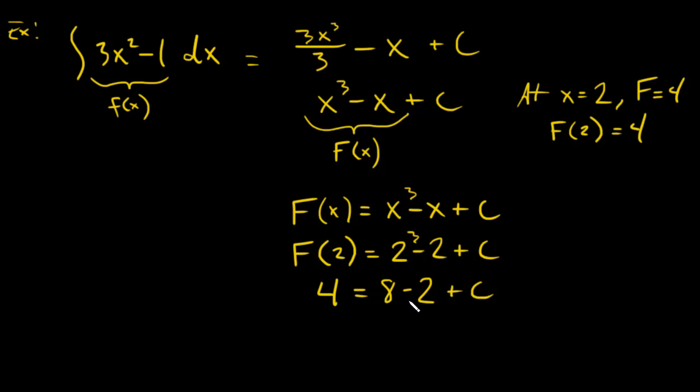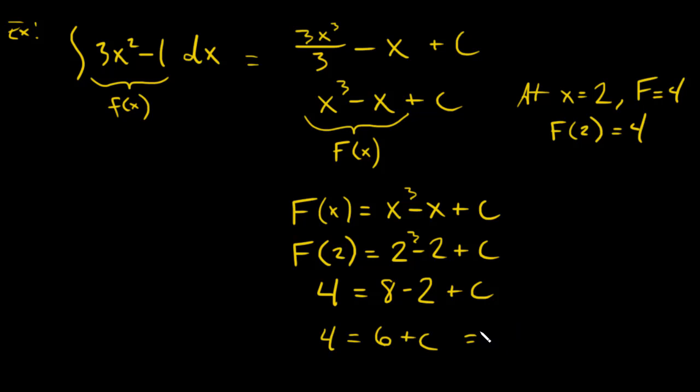So, did I do that right? 8 minus 2, yeah, that looks right. I had to sit there and go, that looks strange. So now this is 4 equals 6 plus c.